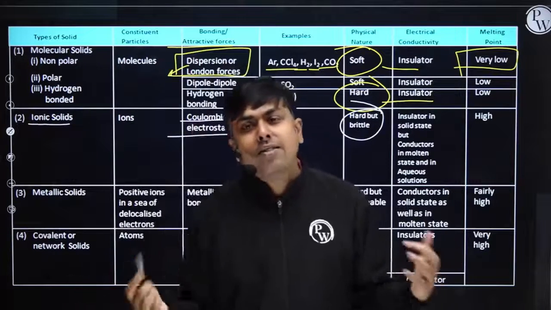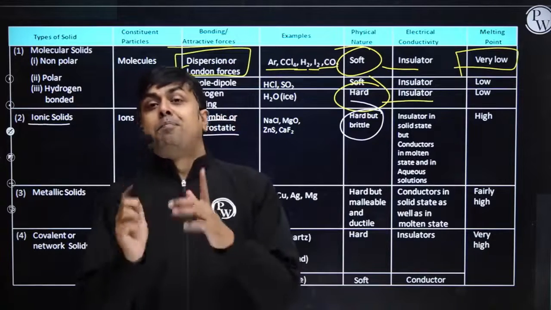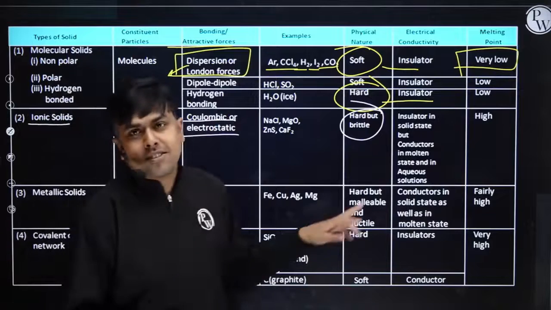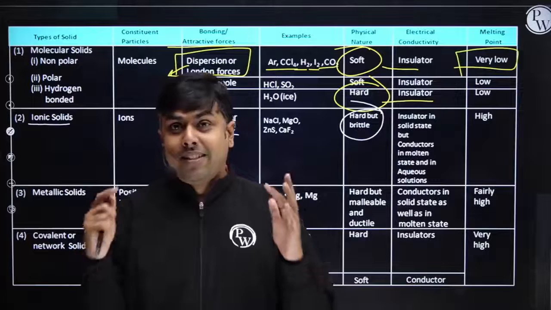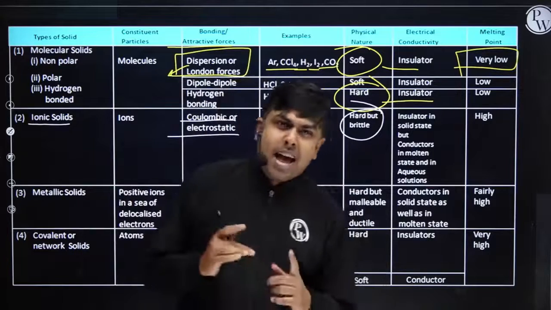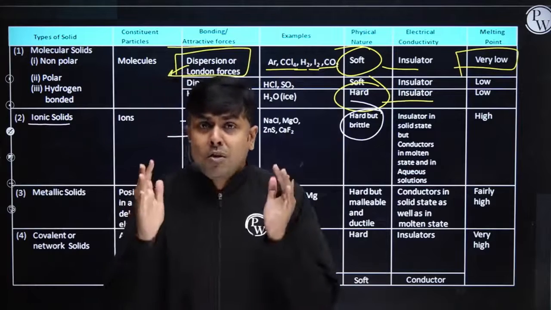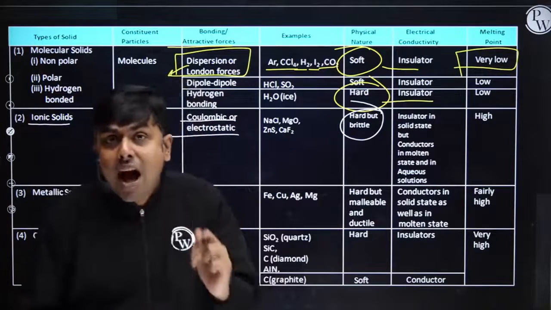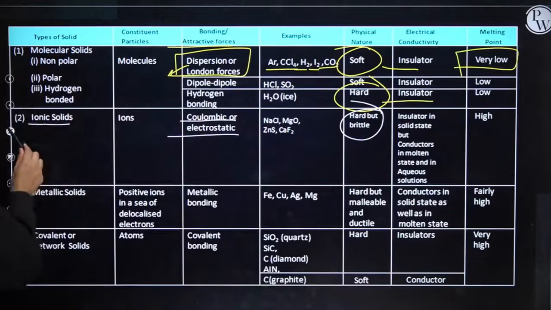And if the ions, electrons will not move, they won't conduct electricity. But in molten state, they will conduct electricity, or in aqueous state, they will split into ions and then they will start conducting. Am I clear? If I talk about melting point, since the intermolecular force of attraction is very high, they will have high melting point. Am I clear?